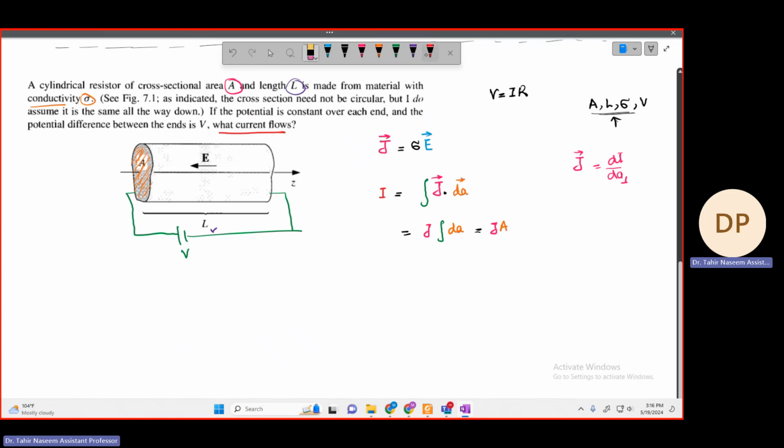So I have found the answer, which is I is equal to J A, right? But can we write our answer in terms of these parameters?